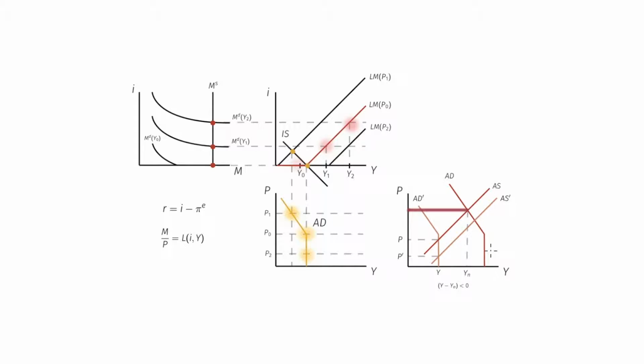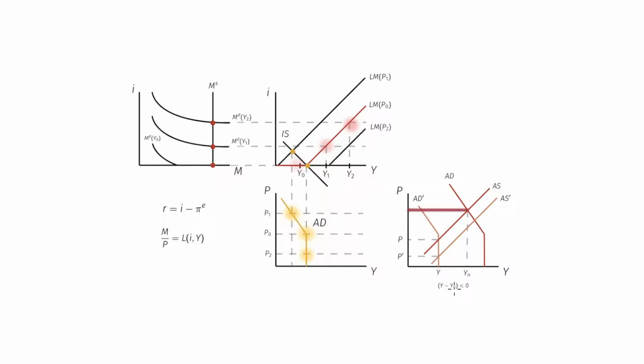Now the AD curve shifts leftwards because of this recession, and therefore we have this price level. We see that the price decreases and output also decreases. Here is the natural level of output and the actual output. So the output gap, that is the output minus the natural level of output, is negative. So we have, of course, a recession.